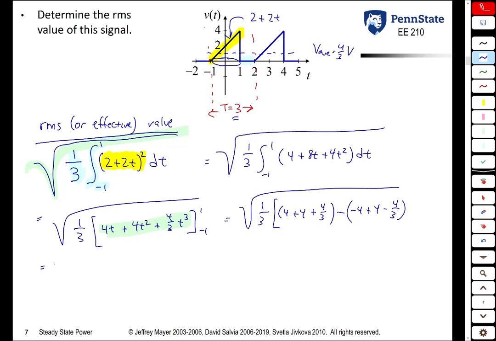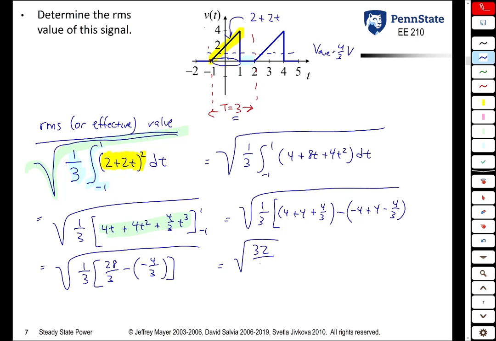You work out this math, you get the square root of 1/3 times 28/3 minus -4/3. You have to be careful about that double negative there. That equals the square root of 32/9, or 4√2/3 volts.